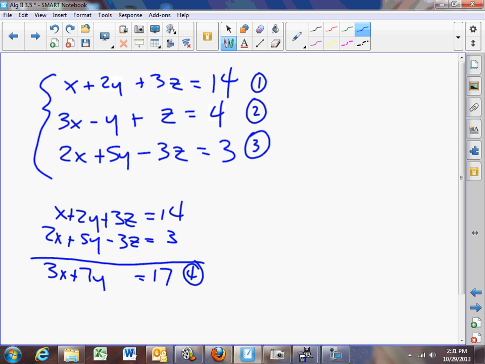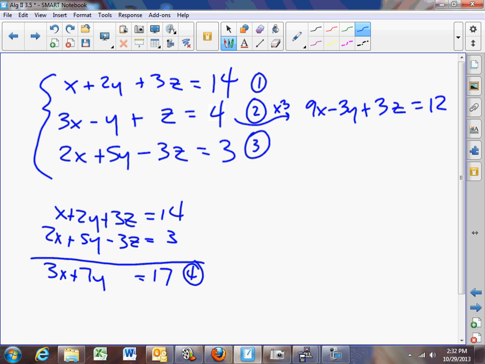So I must now get rid of z again, same variable, and equation 2 has to be one of the ones I'm going to use. Now, if you look at it, I could use either equation 1 or 3. I'm going to choose to use equation 2 and equation 3. Because if I multiply equation 2 by 3, I get 9x minus 3y plus 3z equals 12.